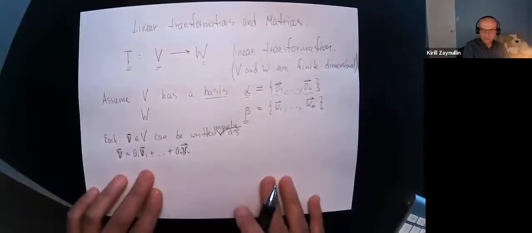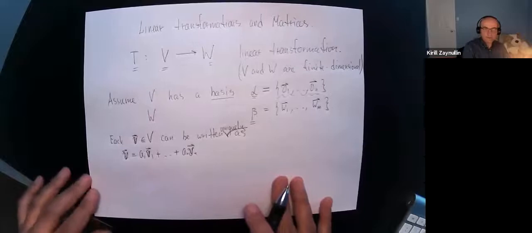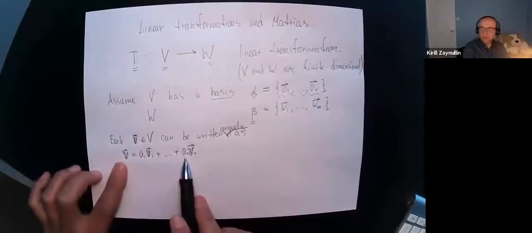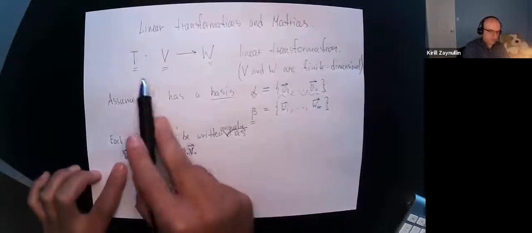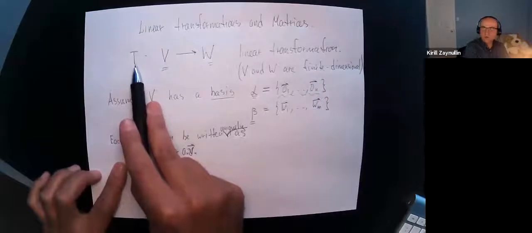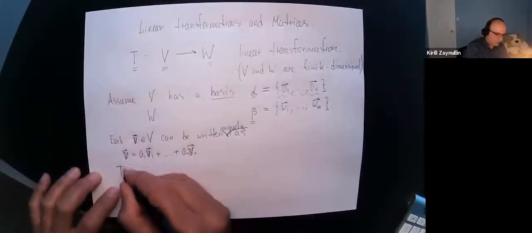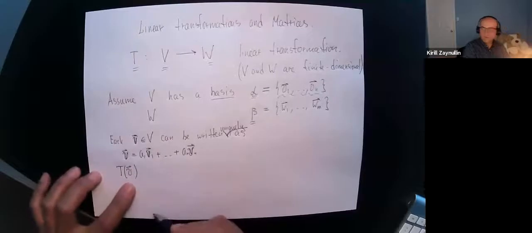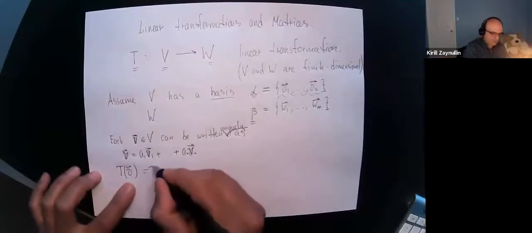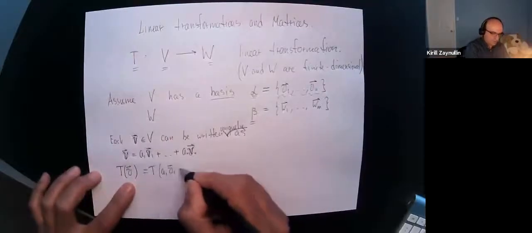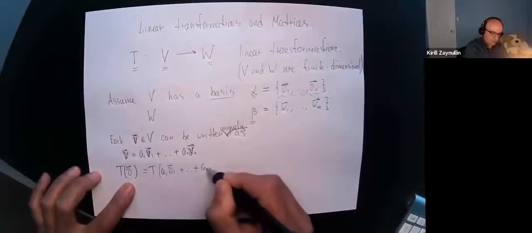Let's see what will happen with this linear combination after we apply our linear transformation to it. What is T of v then? T of v is T of a1 v1 plus and so on plus an vn.